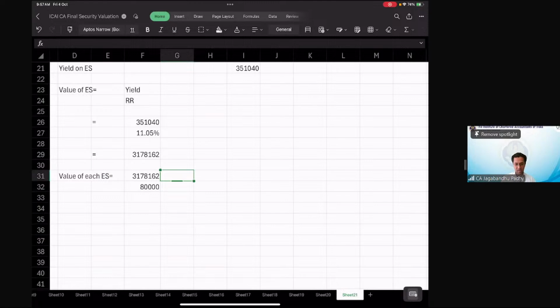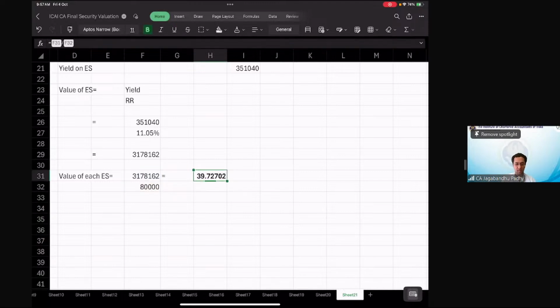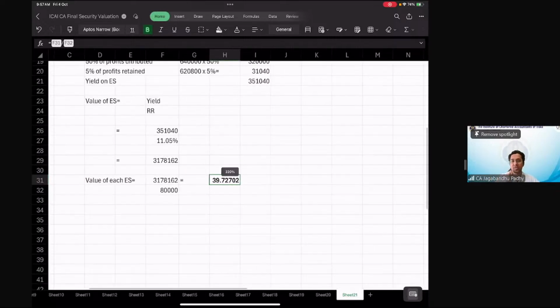This is the number of shares, which is 80,000. So we get the value of equity shares as 39.72. Okay, the value of equity shares is 39.72. That's for this particular question.